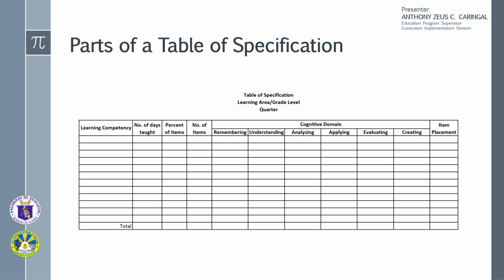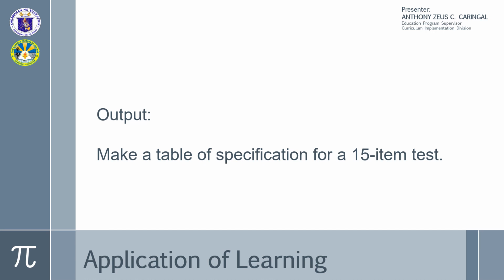Evaluating, that's the average, and creating, that's the difficult. And we have here the item placement. So I am very sure that you're going to make a table of specification.